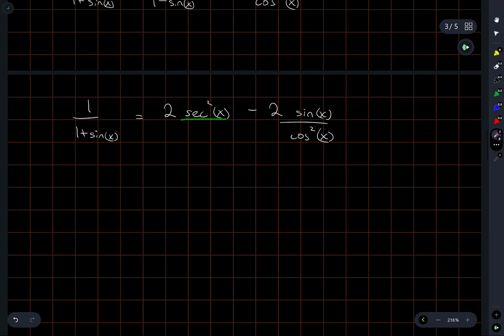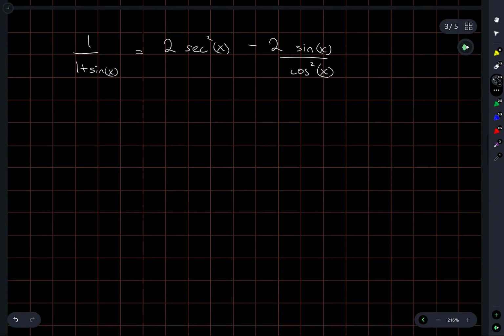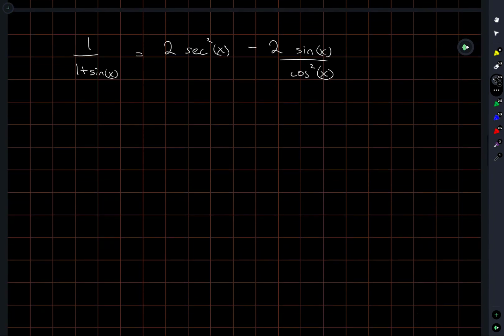So I just need to think about how to integrate secant squared. There might just be some common substitution that can be done. Well, secant squared, is there an identity I can use actually? That'll give me something with tan squared.